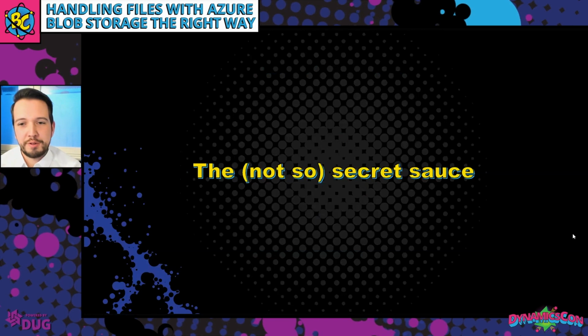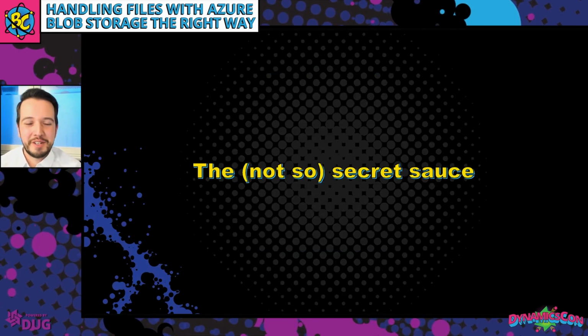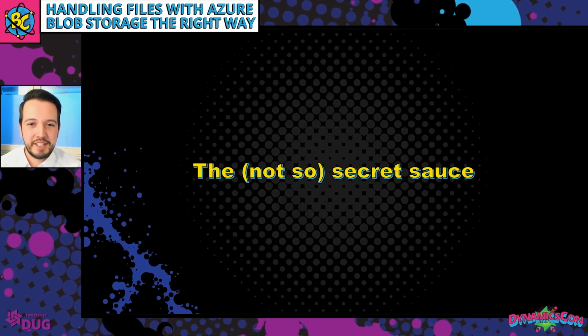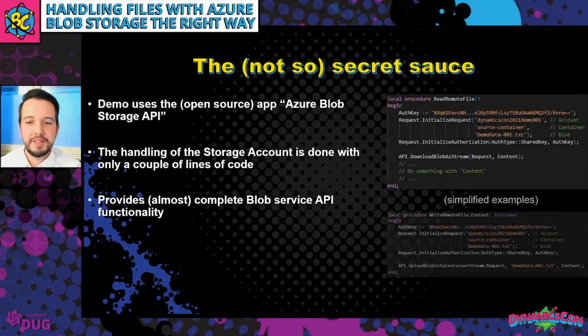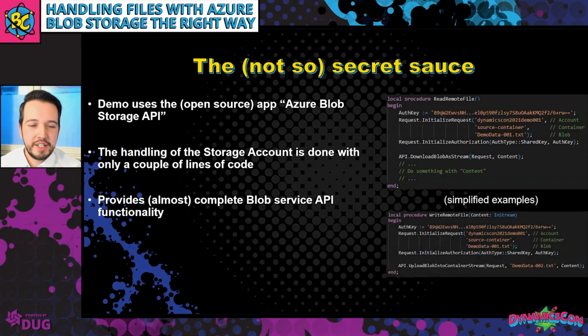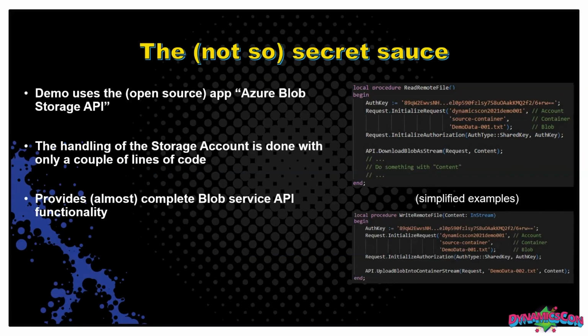The not so secret sauce of this demo is the usage of the Azure Blob Storage API app that is developed open source. In the background, when I connected to the storage account, what actually happened was almost as easy or even easier than file handling in the 2-tier architecture.